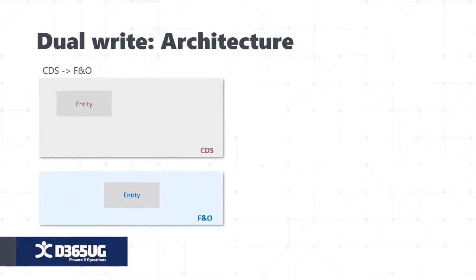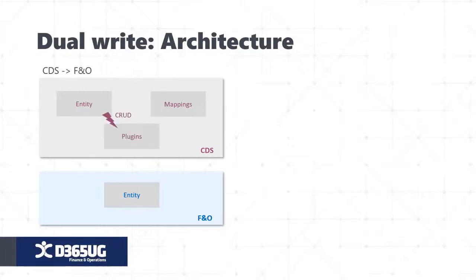The first thing is, is there a mapping available, or is this a hard-coded transformation from FNO to CDS or from CDS to FNO? So dual write does support mappings. These are similar to the mappings we have in Data Integrator.